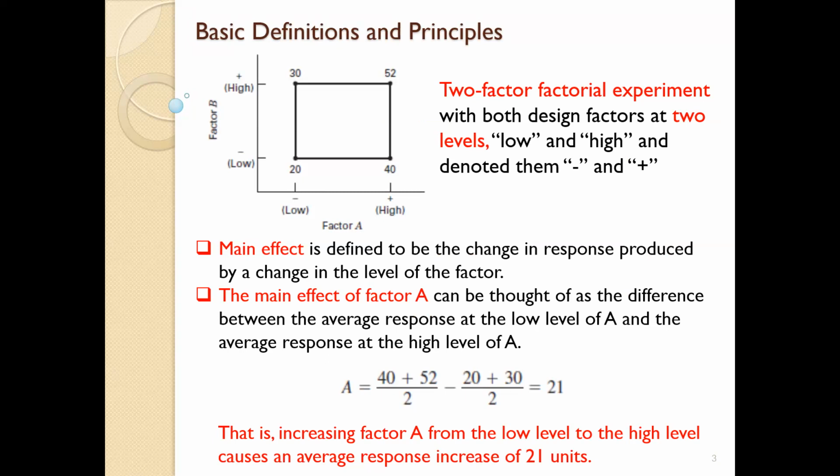for this case, we have two factors, factor A and factor B, and only two levels. Each factor has two levels, high and low, and also we have some response.